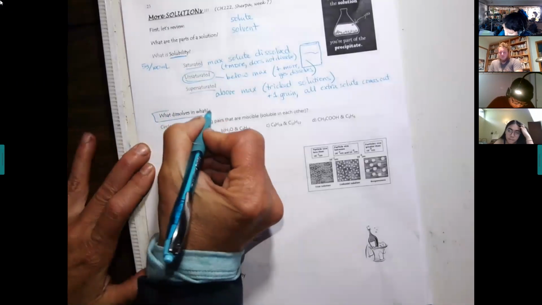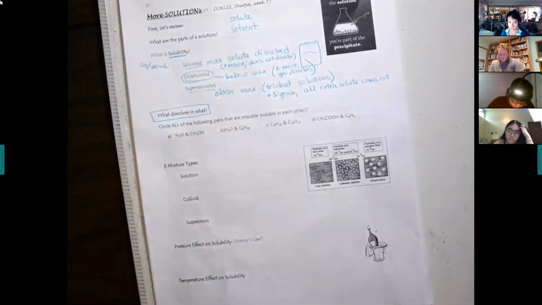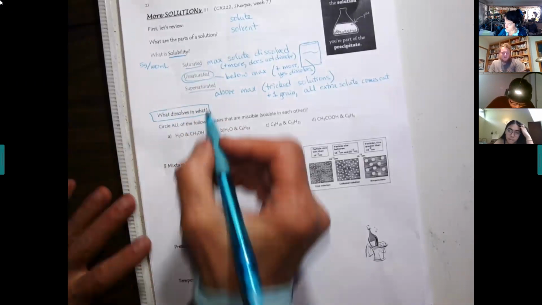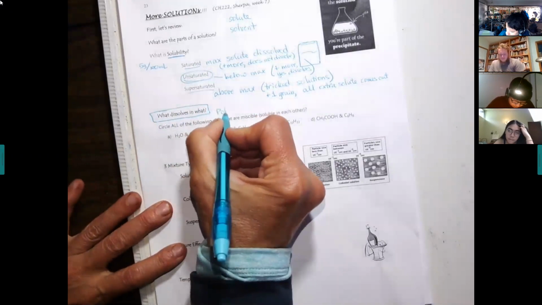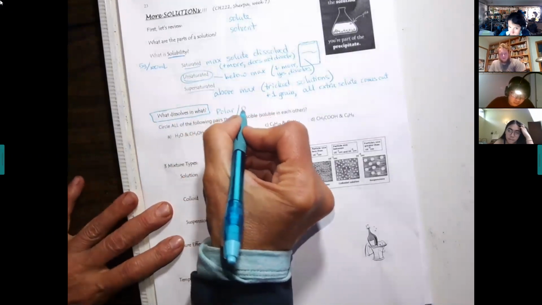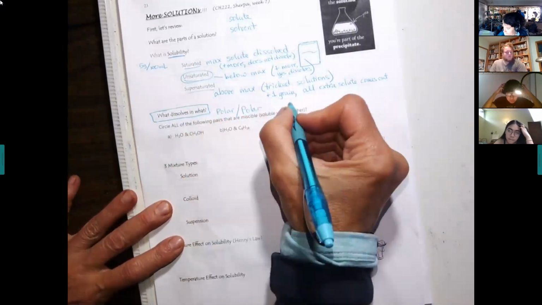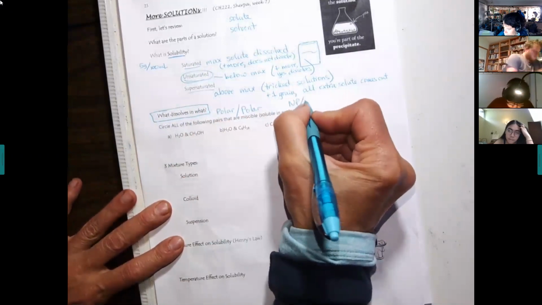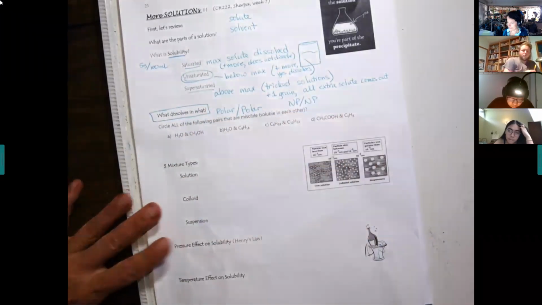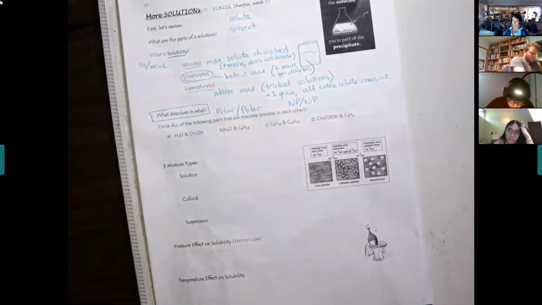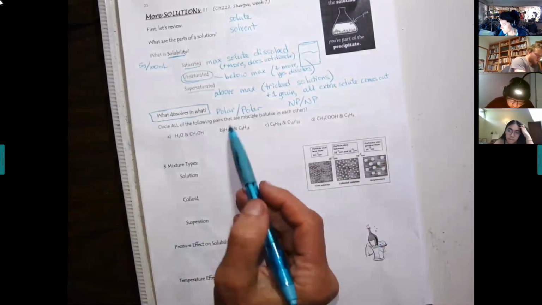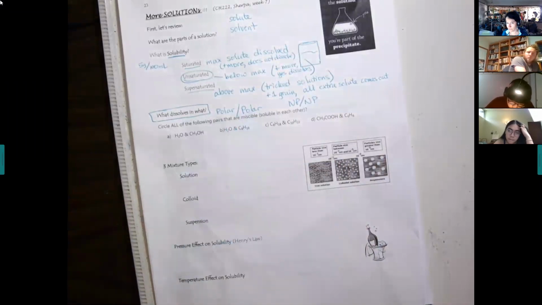This piece here, which is really small, we've talked about a lot, especially with the first midterm. This is that polar likes polar. So polar and polar mix, and non-polar and non-polar mix. How that's important is with water. Water is polar, so things that are polar mix with water.